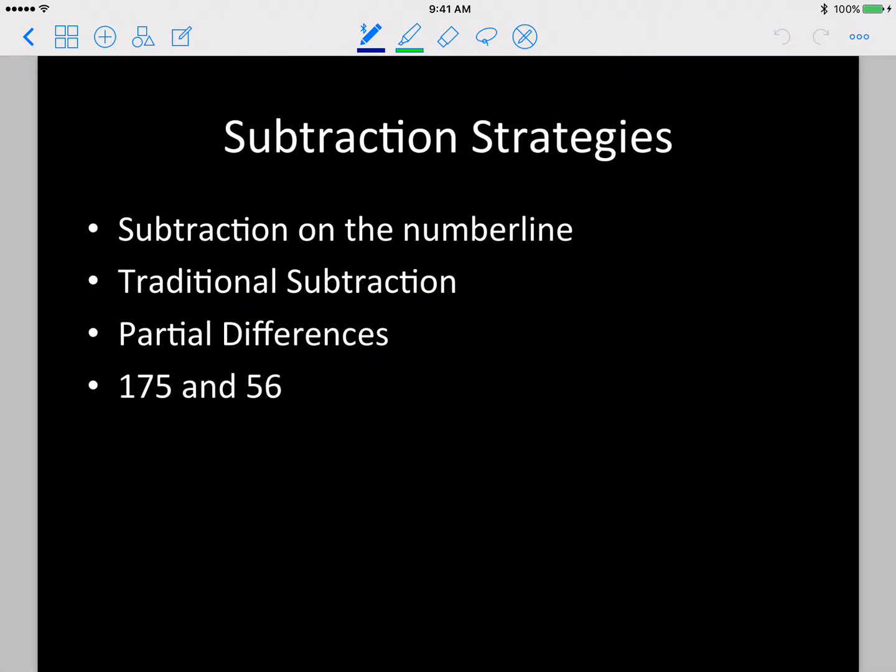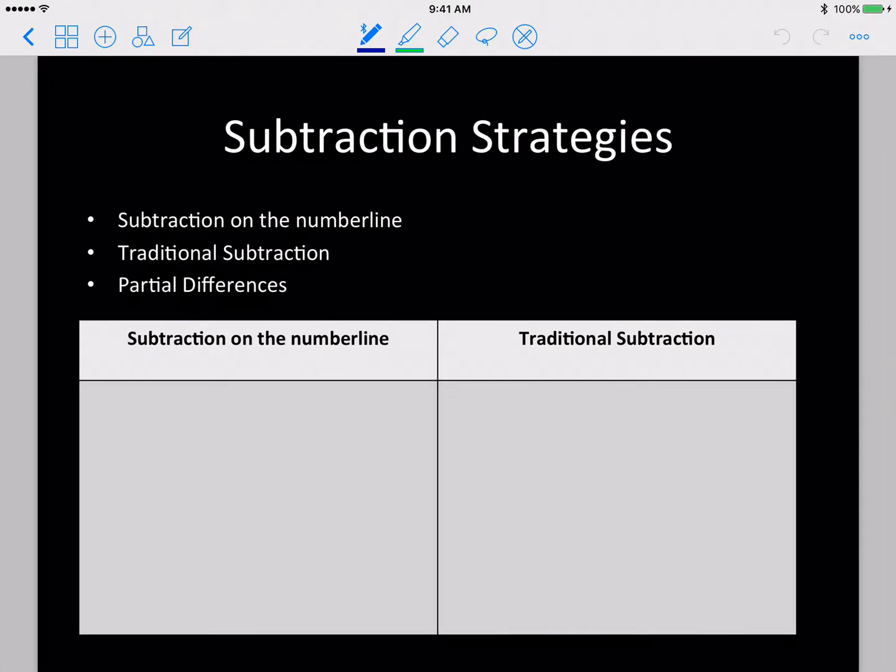Subtraction strategies. We're going to do subtraction on the number line and traditional subtraction, and we're not going to do partial differences. So we're going to take 175 and 56.